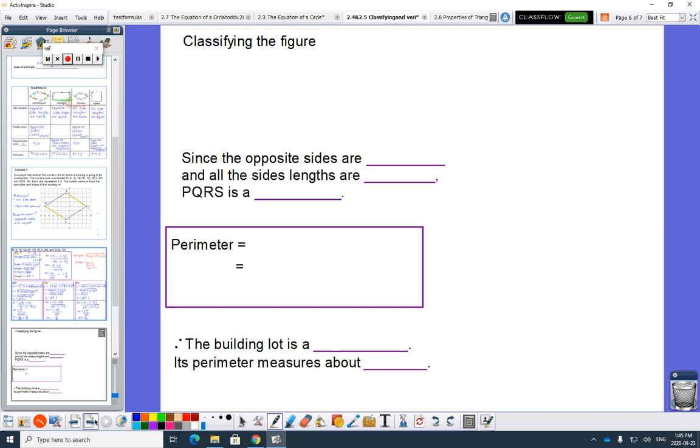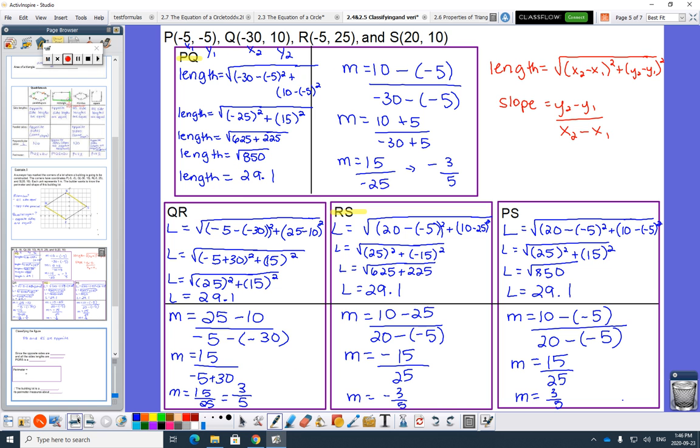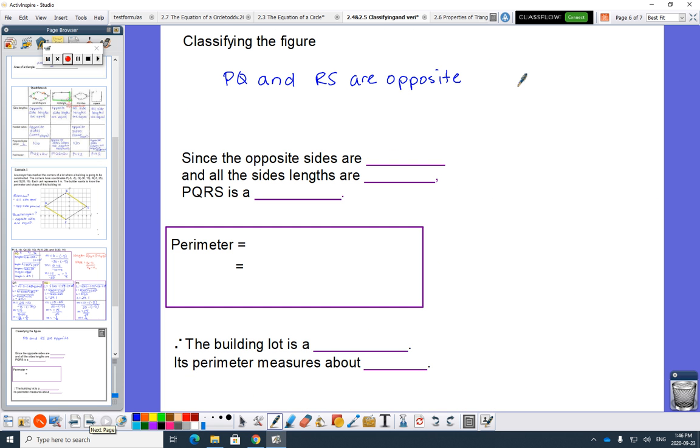Okay. So PQ and RS are opposite. Their slope is negative 3.5, and then QR and PS are opposite, and their slope is equal. So opposite sides are parallel.